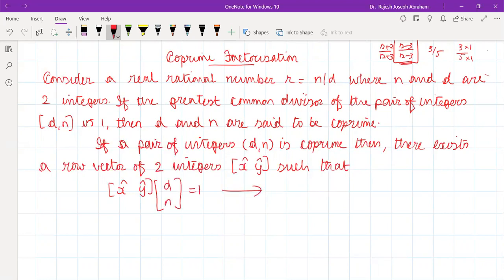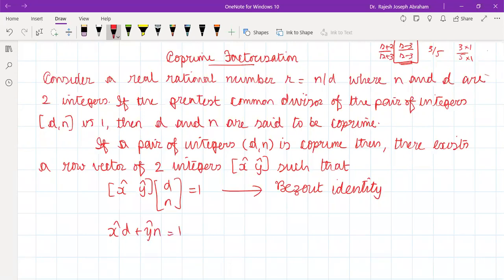This identity is called the Bezout identity. So if d and n are co-prime, then there always exists a row vector of two integers x and y so that x hat d plus y hat n equals 1.